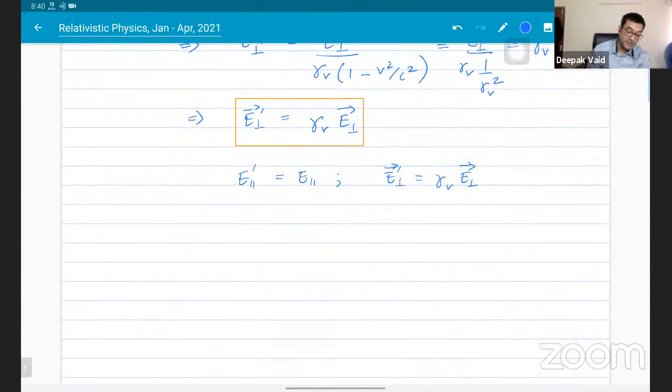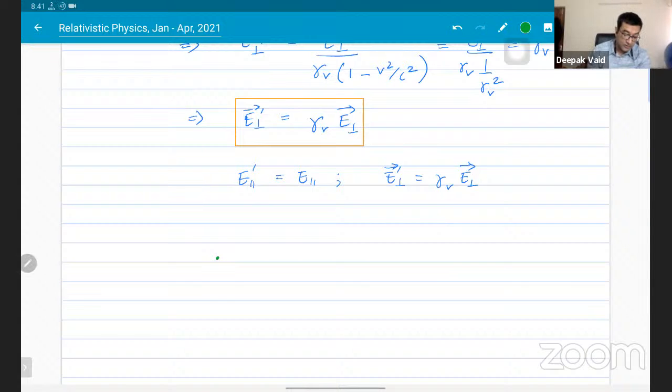So what this tells us is that if you look at the electric field, and keep in mind that this is not the same as the electric field of a point charge. This is just an arbitrary electric field. When we talk about the electric field of a point charge, we'll come to that a little bit later.